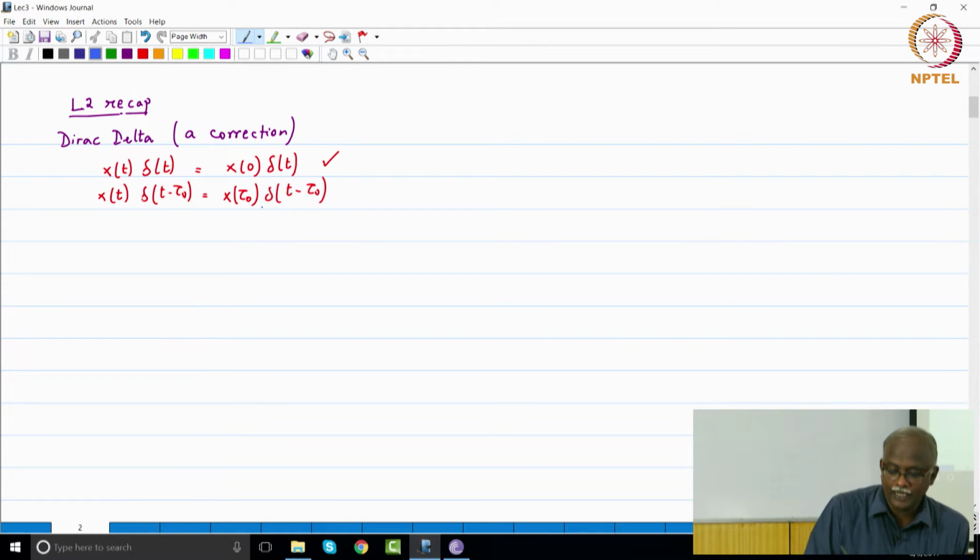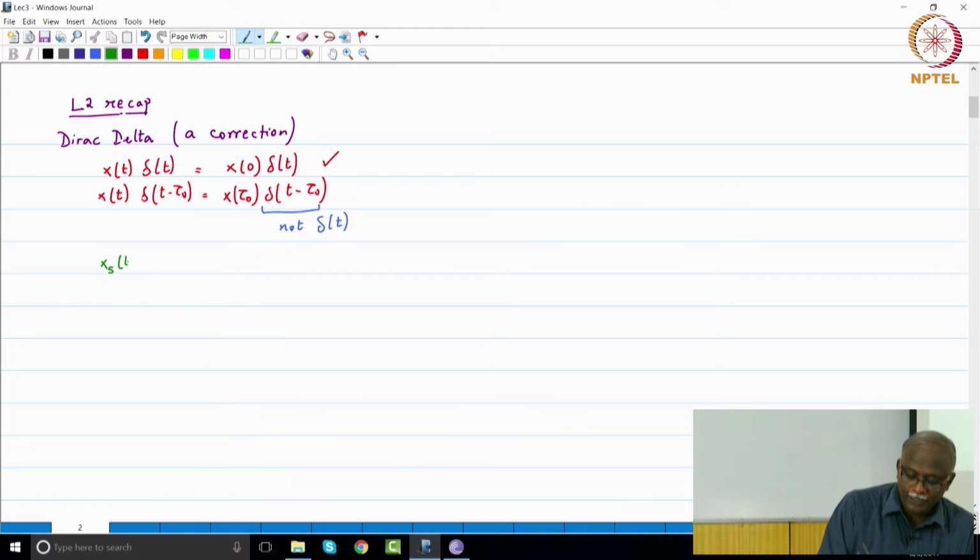In the class I had written it down as delta of t, and that is not correct. The position of the Dirac delta does not change, the only thing is that it samples the function there.